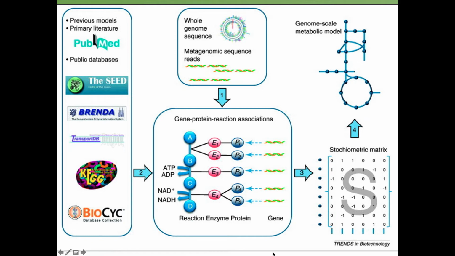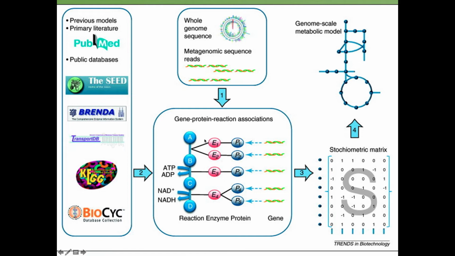So we have to generate this actual type of model. And in order to do that, typically we need to understand what are the actual genes that are present, and what does it look like when they're expressed, and how are these expressed genes then translating into enzymes, which are then affecting reactions.